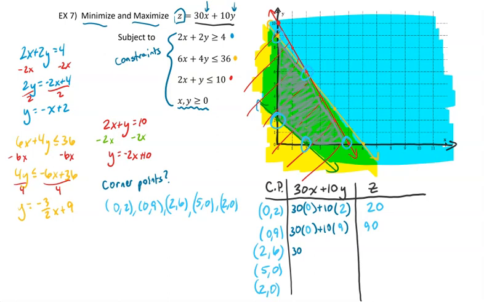Next, 30 times 2 plus 10 times 6. Plug that into your calculator. That should be 120. Next, 30 times 5 plus 10 times 0.